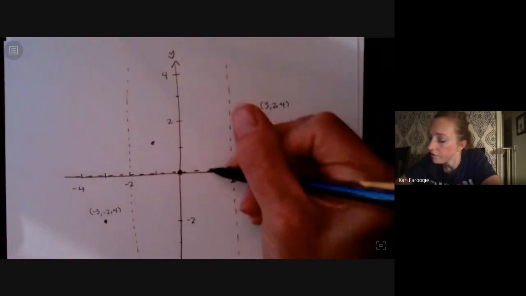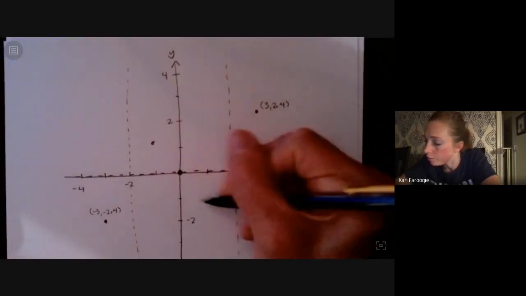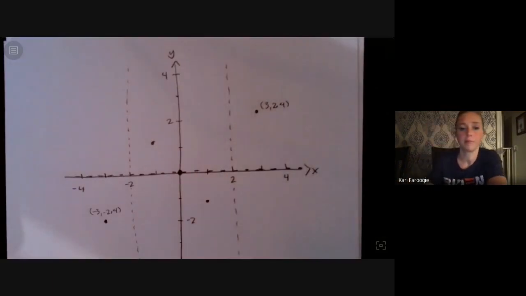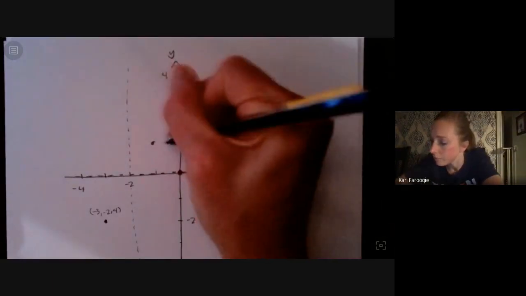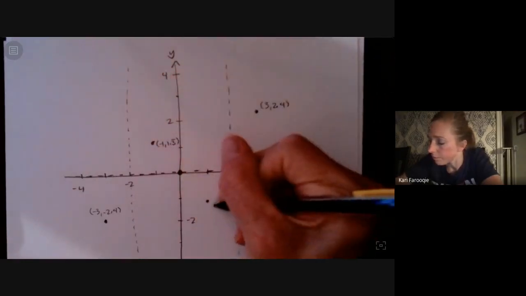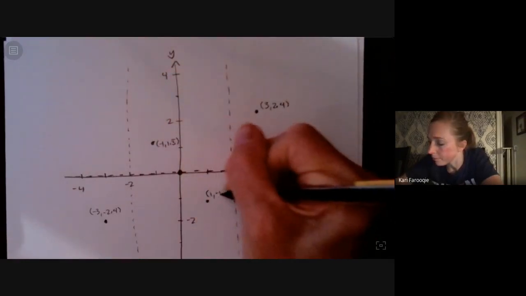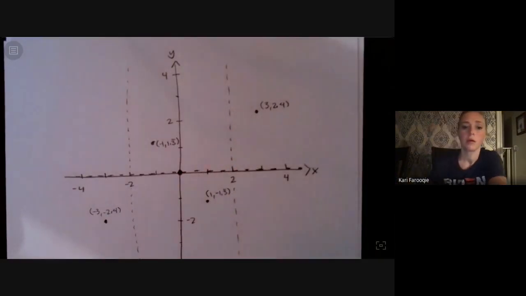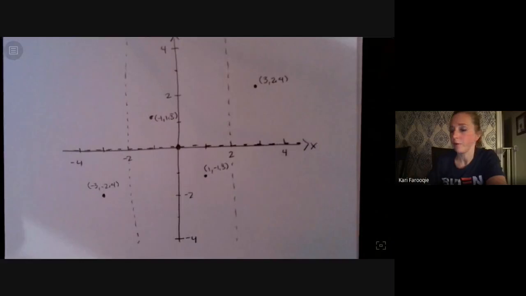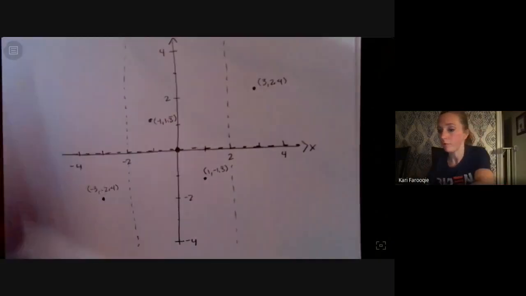And then +1, -1.3. It's right about there-ish. So that's helpful to us also. Okay, now we have information from the table.